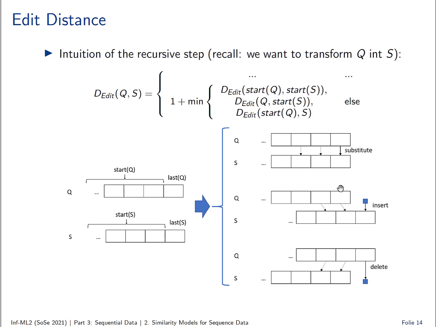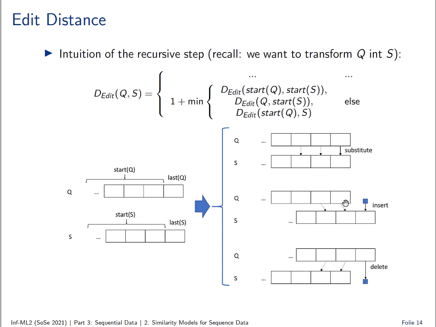The second part here, what could we do as the second option? Well, we could insert last of S into Q. So Q remains unchanged, and we insert last of S into Q, so to say. First of all, we have one insert operation, so one edit operation, so it's one plus. And what is the rest?